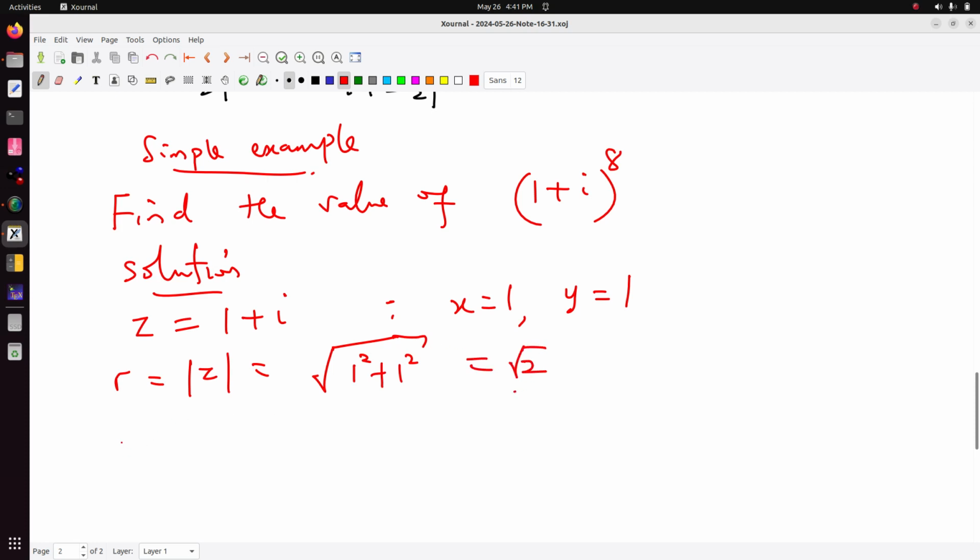Now, what about the argument? The argument theta, which is the argument of z, equals arctan of y over x, the imaginary part 1 over 1. What is the value of arctan of 1 over 1? Let's quickly check.